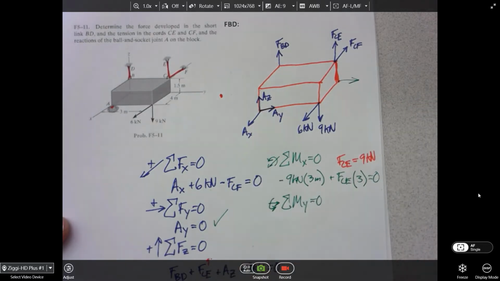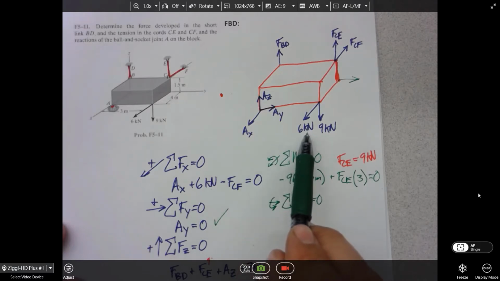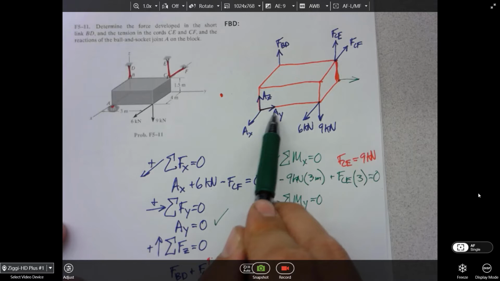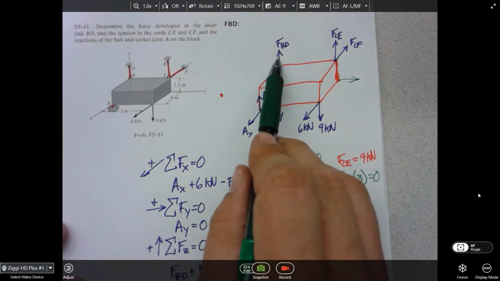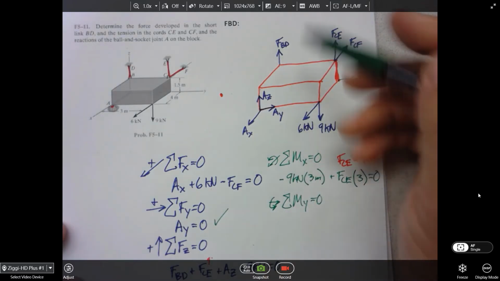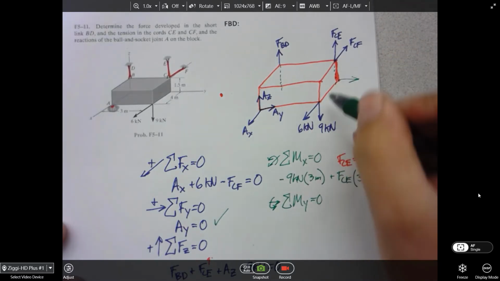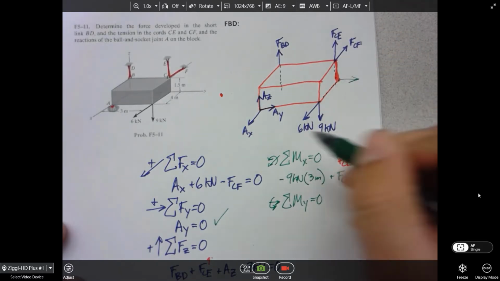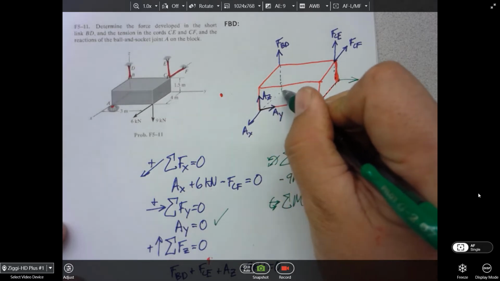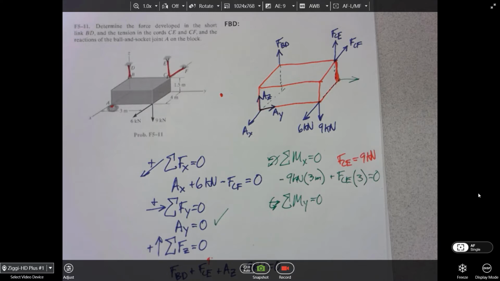So it looks to me like I can eliminate 6 kilonewtons, AY, AX, FBD, and FCE, because the line of action passes through the axis. 6 kilonewtons passes through the axis. A sub x passes through the axis. A sub y is parallel, so it doesn't cause a moment about it. Okay?